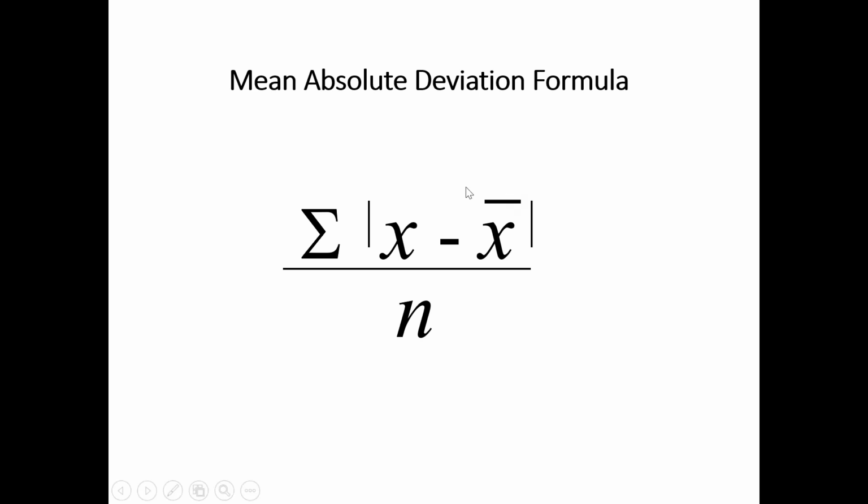So the difference of that person from the mean is taken for every person and summed up. That is the summation of the difference of every individual's value from the mean, divided by n. N gives you an indication about the size of the sample.